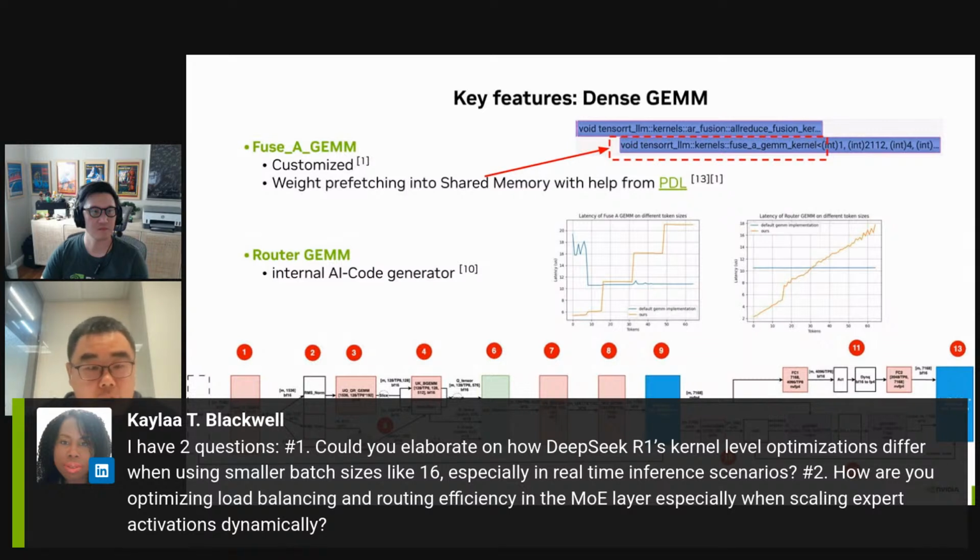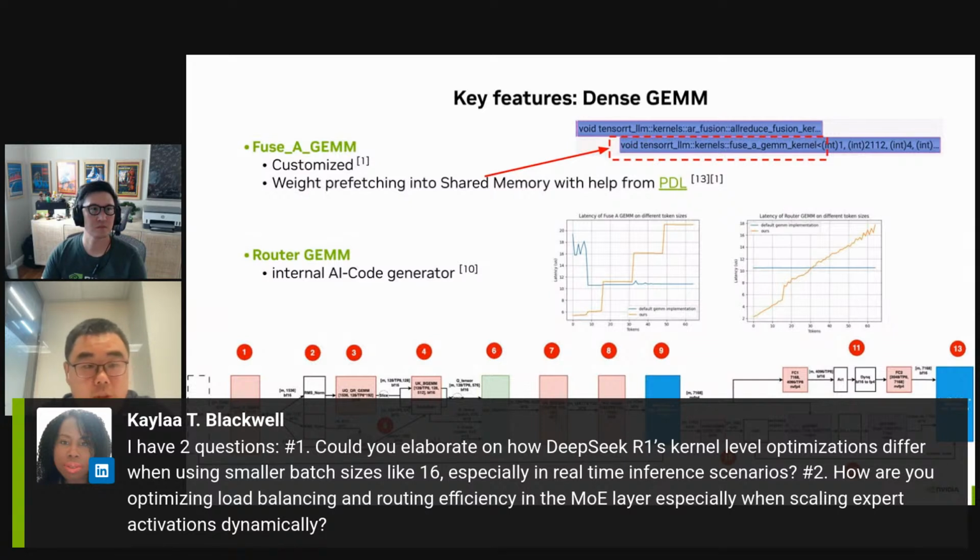Most of the kernel optimizations can be applied to batch size 16, such as the Fuse A, such as the optimization of attention kernel and the other kernels. But I must admit that for dense GEMM, for larger batch size such as 16, we may need to be careful about using our customized kernel.